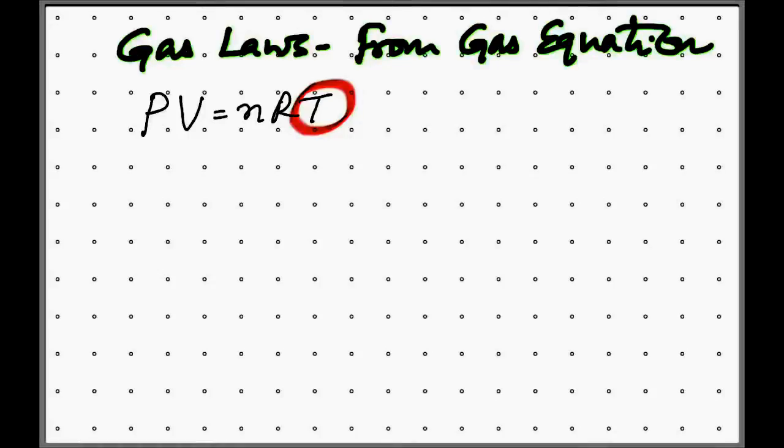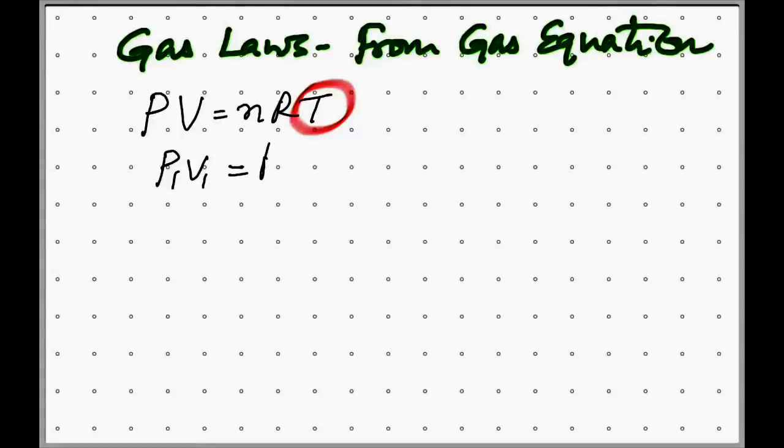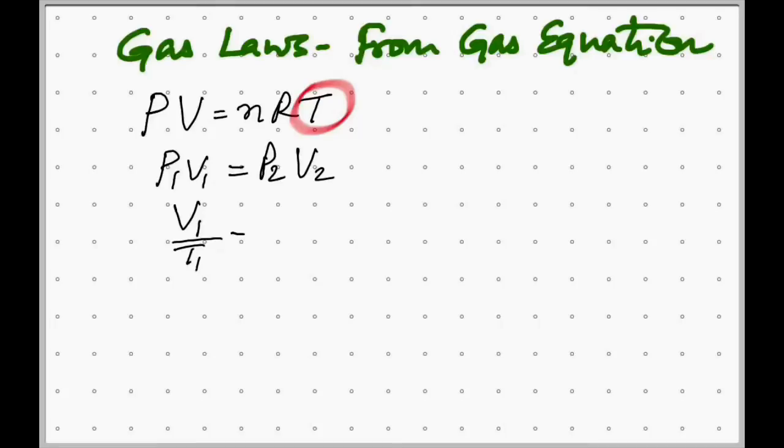N and R are already constants. So that's when you get P1 V1 is equal to P2 V2. That is Boyle's law. Best example, a bubble rises from the bottom of a lake and comes up. What happens to its volume? The pressure decreases, volume increases, right? And Charles' law, V1 by T1 is equal to V2 by T2.